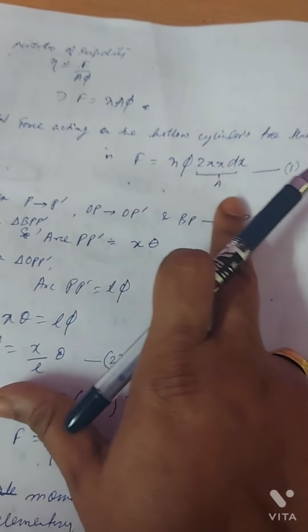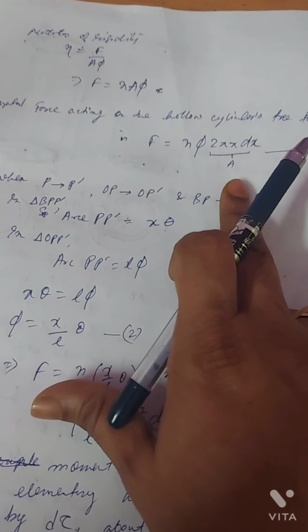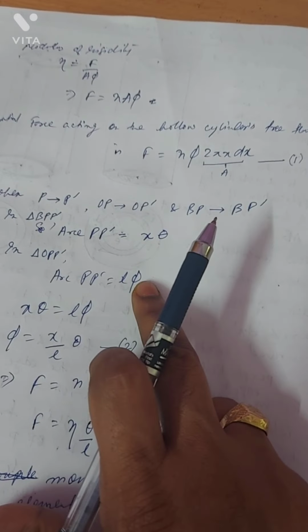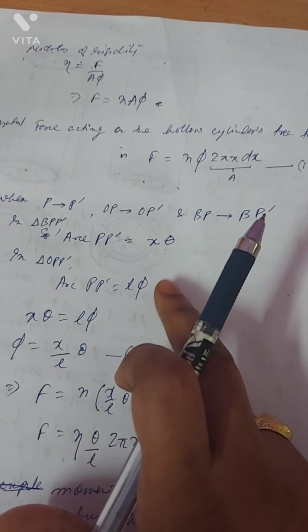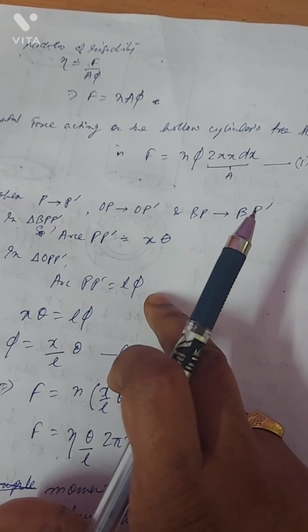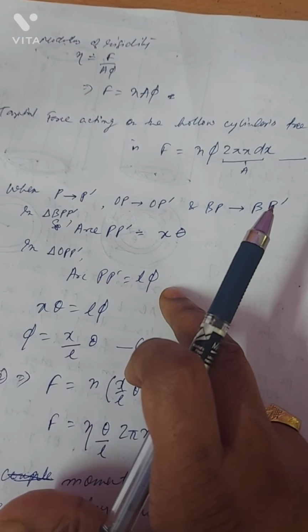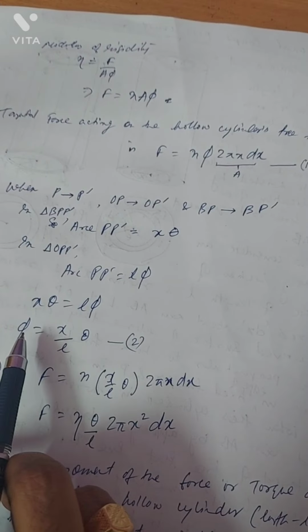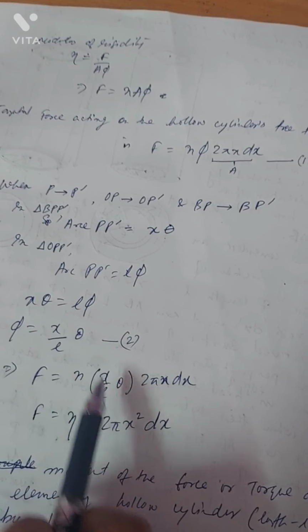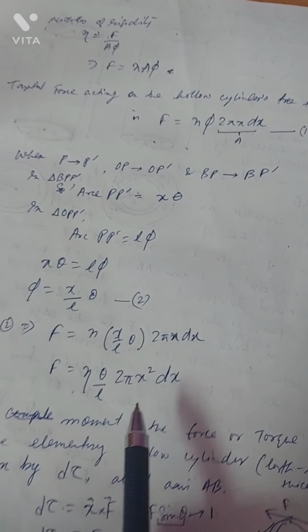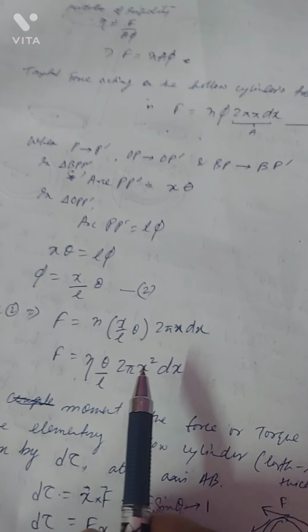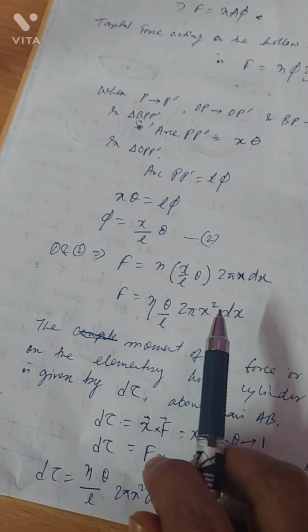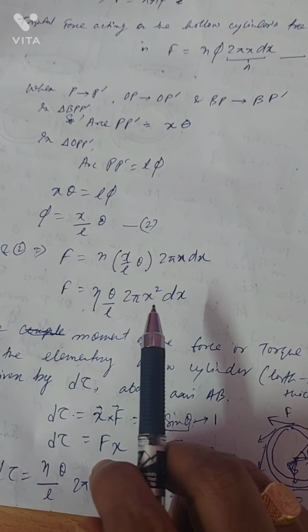Also the relation between the angle of twist and shearing strain was estimated from the geometry, and it was found that psi is equal to x theta by L. It was put in the force expression to find the force. Now our actual aim was to find the moment of force, or the torque, the torsional torque.